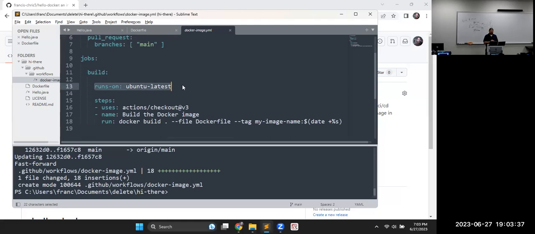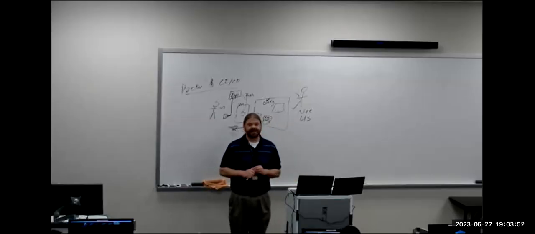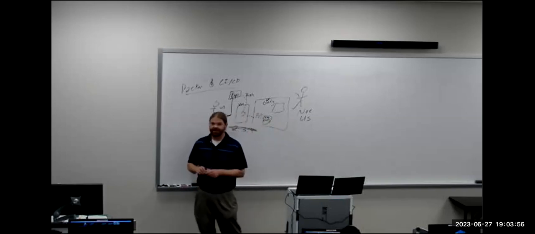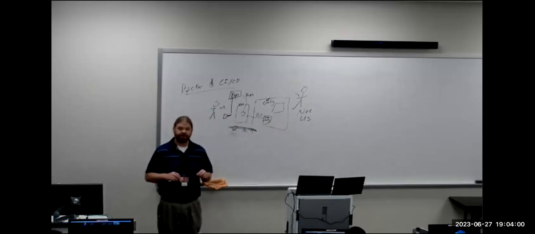Runs on Ubuntu latest. So this is not what we're building. This is what the repository is doing. So this is over here in my picture. Let me stop the screen share. So runs on is what's called a runner. If you saw this in the SDEV 220 class, I know it happened when Tia was going through there. Some point in the spring, they updated that tutorial that that class shows, and it started asking for credit cards about runners.